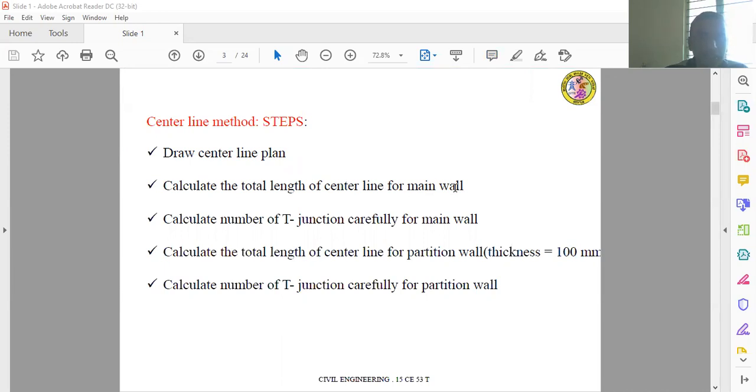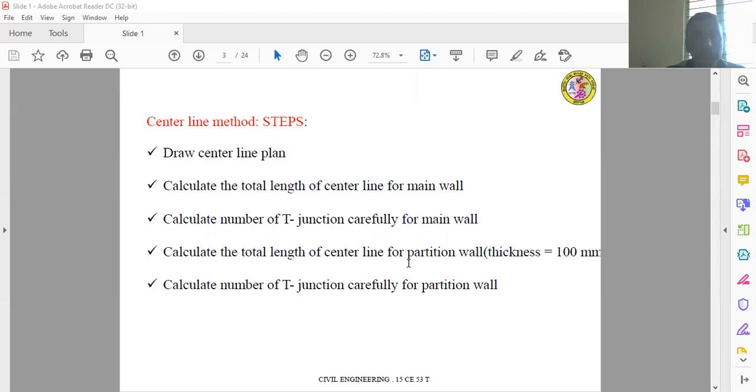After getting the center to center length of the main wall, you have to calculate the number of T junctions for the main wall. That means where a main wall meets another main wall, you have to consider it a junction. Then, after obtaining the number of T junctions, you have to calculate the total length of the partition wall.